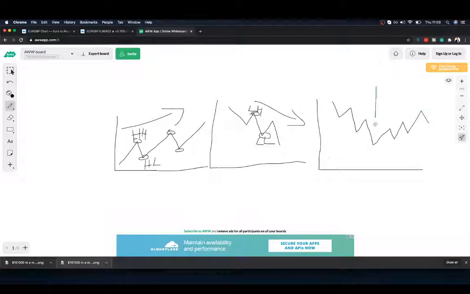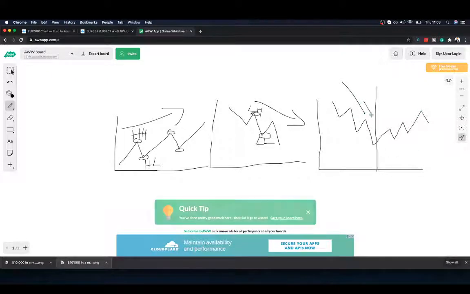So now, in this specific phase, you are in a downtrend, and here you are in an uptrend. Basically, at the end of the day, it always comes down to identifying new higher highs and higher lows, or lower lows and lower highs. All right, so let's jump on the chart.